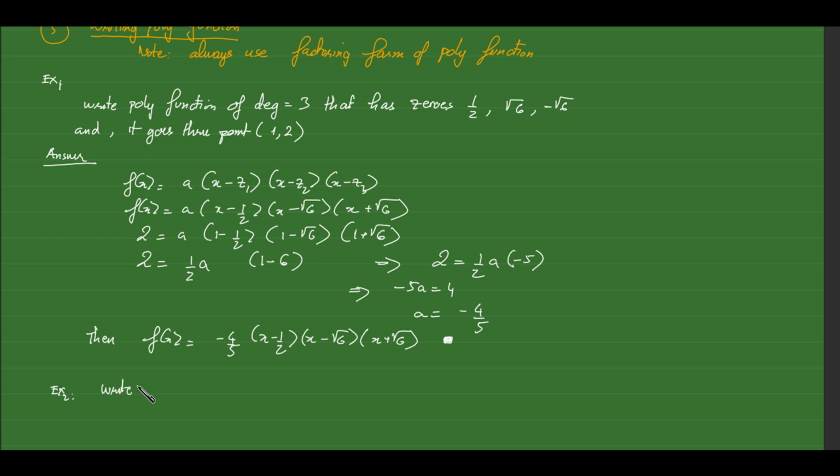Write a poly function of degree 4, that has zeros 0, 1, -2, and i. Okay. And it has multiplicity, let's change this a little bit. Have multiplicity.